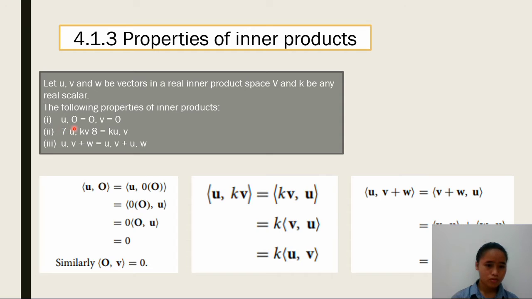And this is the proof of property number 1, the proof of property number 2, and the proof of property number 3.